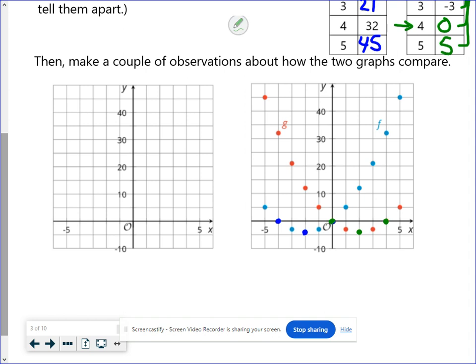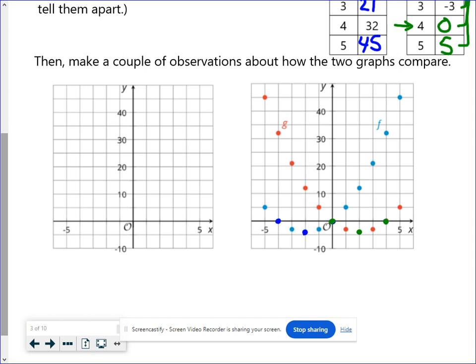It does say to make a couple of observations, so I want you to notice a couple of things. First of all, both of the vertices, the vertex of each of them, is shifted down 4 units. They're both at -4. They both go through the origin, and both of these parabolas are a reflection of each other, right?